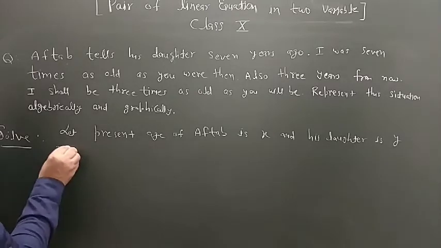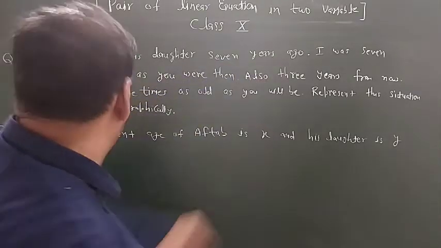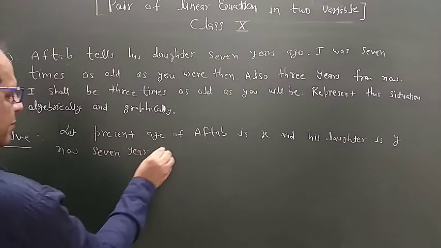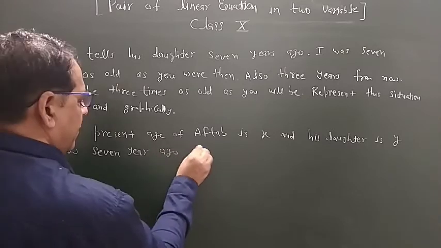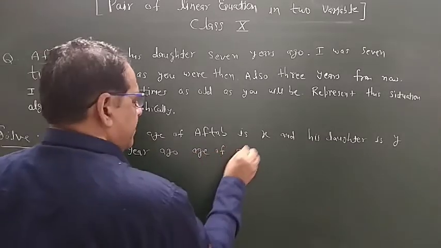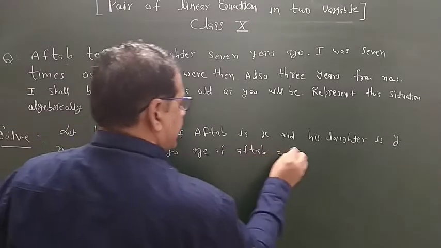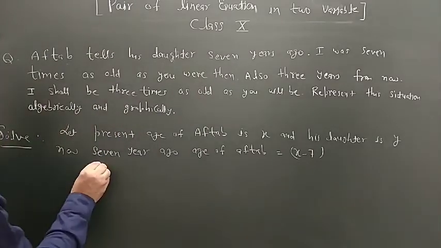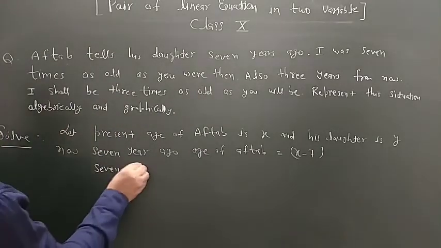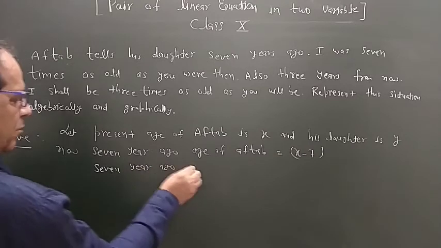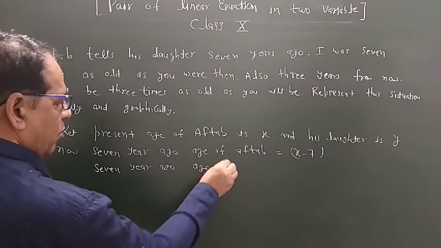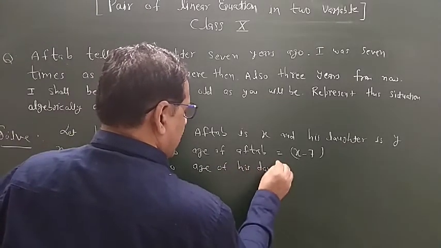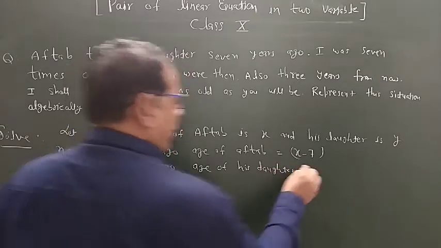Now 7 years ago, the age of Aftab was x minus 7, and 7 years ago the age of his daughter was y minus 7.